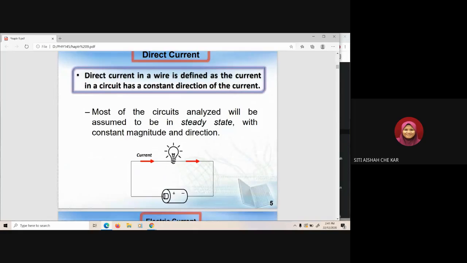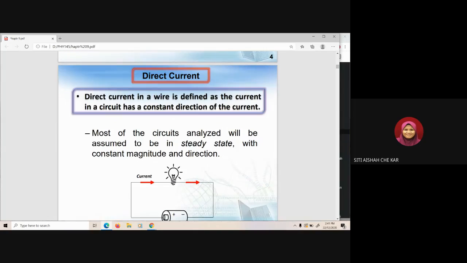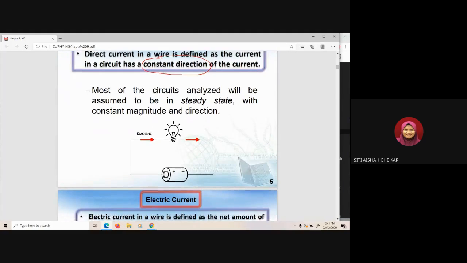Okay, what is meant by direct current is actually it has a constant direction. For example, here we have a battery. We have a positive polarity and negative polarity. So we can see the current flows from the positive terminal to the negative terminal.